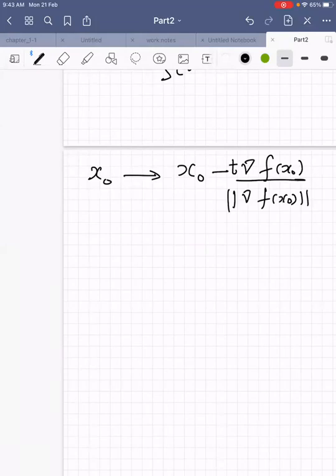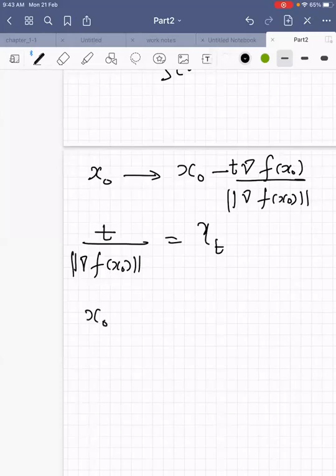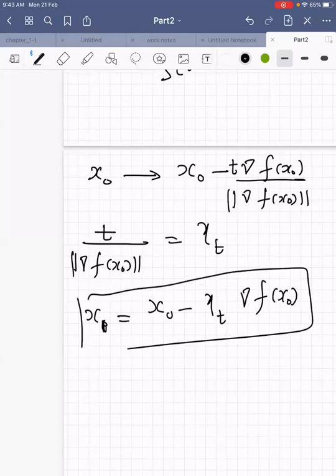Yes, sir. Now I'm saying define t by this thing as gamma t. Then I say x1 is x0 minus gamma t times this. That's it.